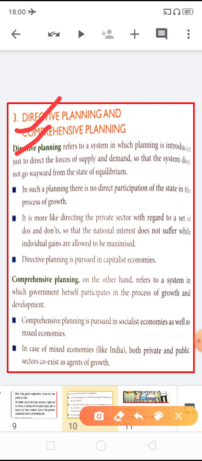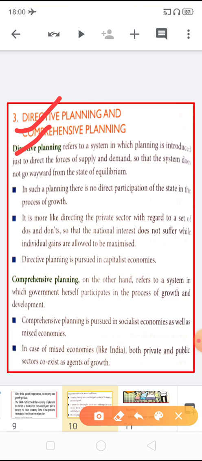So directive planning is pursued in the capitalist economy. As you all know children, the capitalistic economy is known as the free economy, or you can say the market economy, which is free from interference, with market forces of demand and supply. The major focus in the capitalist economy is to maximize personal interest.